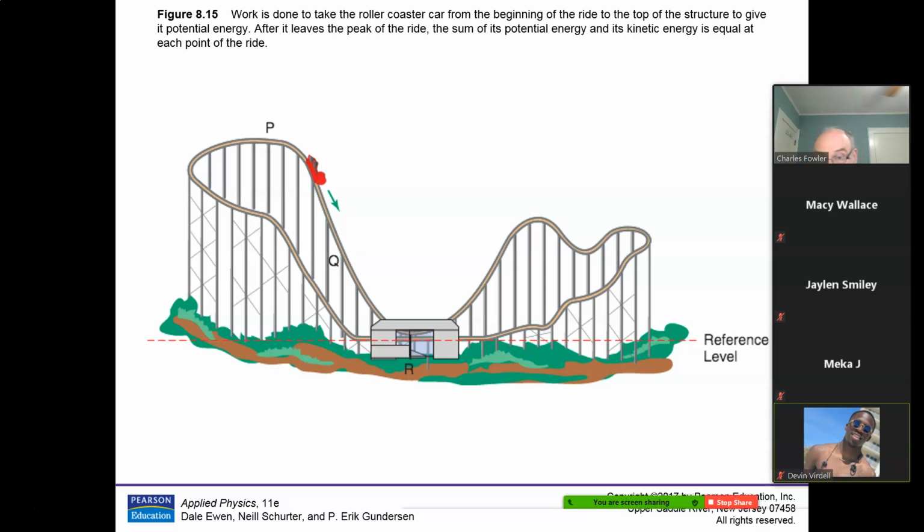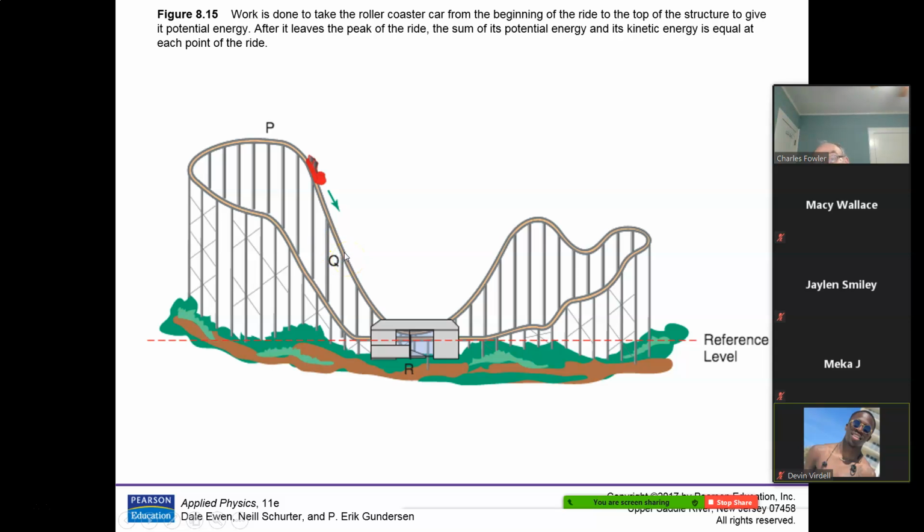Now, what happens? You get down here around Q, and it looks like you drop maybe 2/3 of the way down. So that means your potential energy has decreased to about 1/3. But what you lost in potential energy, you gained in kinetic energy because this car is flying down here now.